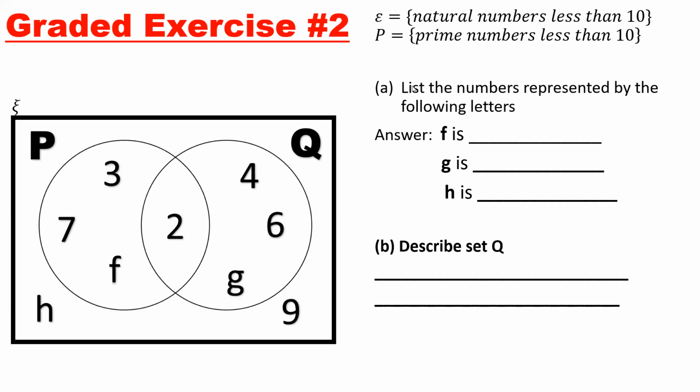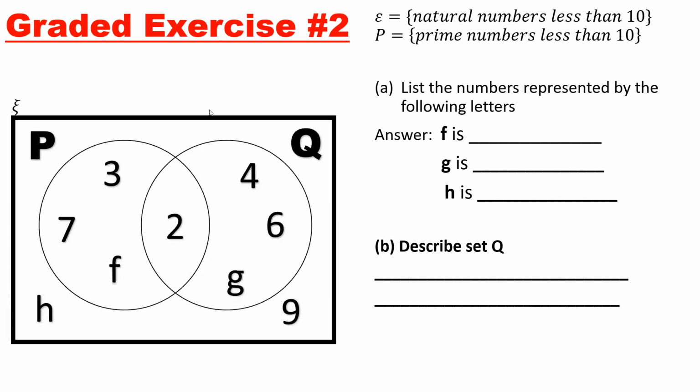From that information and using this Venn diagram, they're telling us to list the numbers represented by F. F is a number. What number does F represent? G is a number. What number does G represent? And H is also a number. What number does H represent?